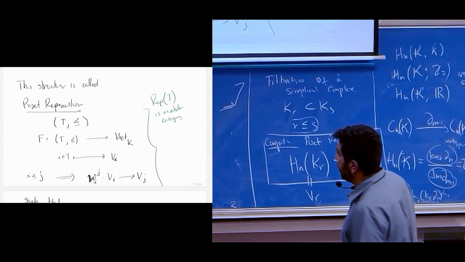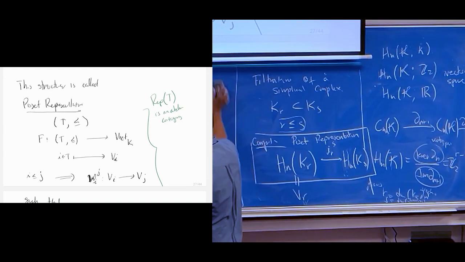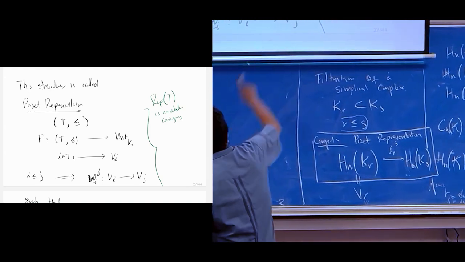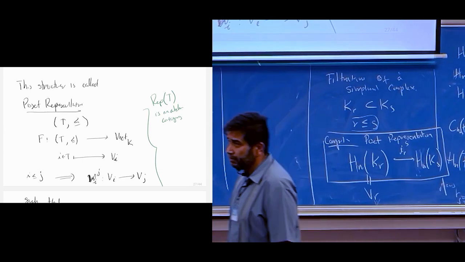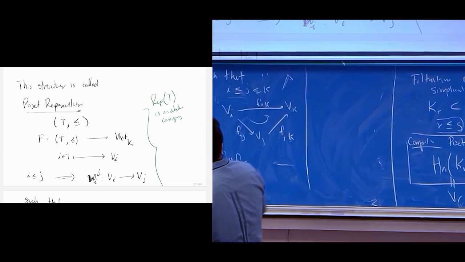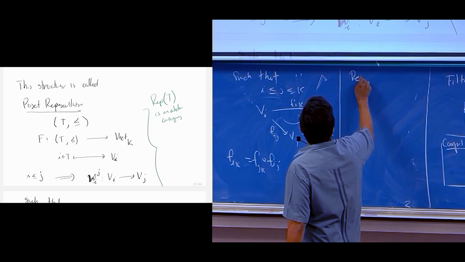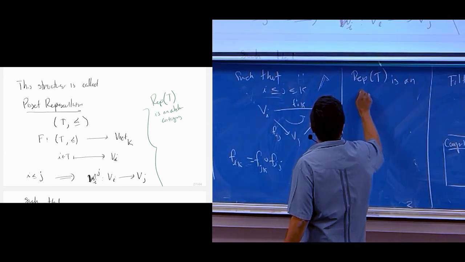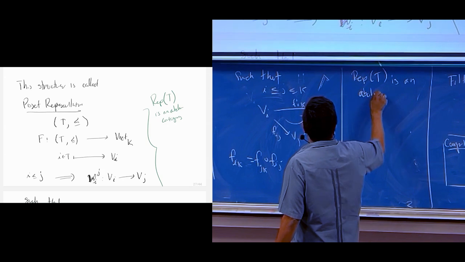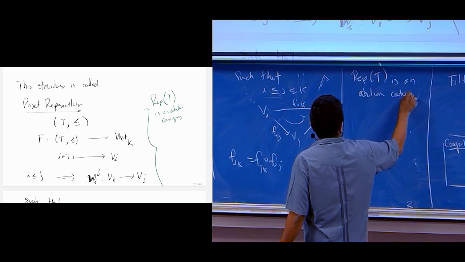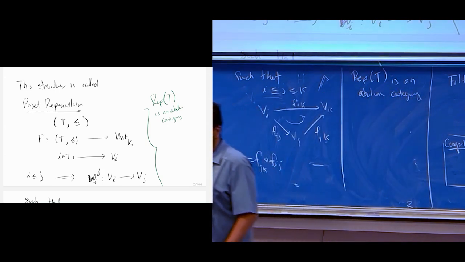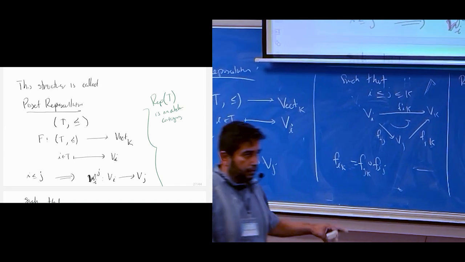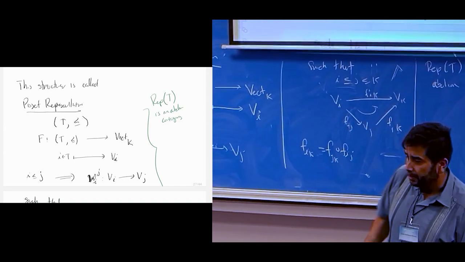Well, one cool thing about poset representations is that the family of representations of a poset, rep T, is an abelian category, meaning that you can do basically all that you can do in linear algebra.